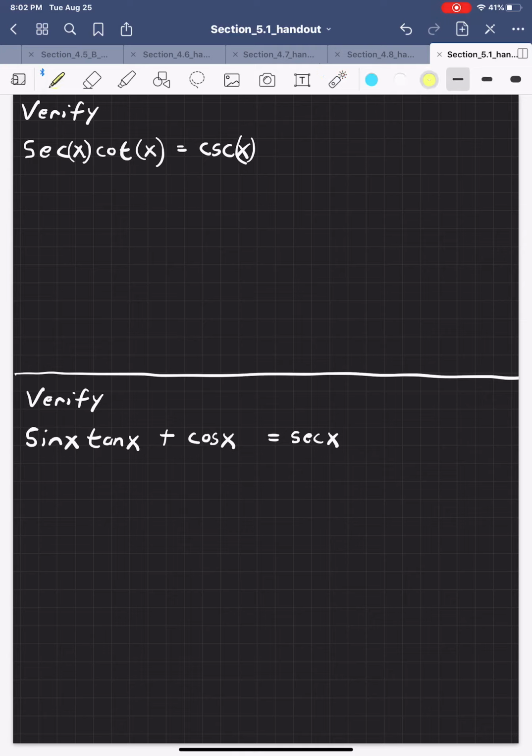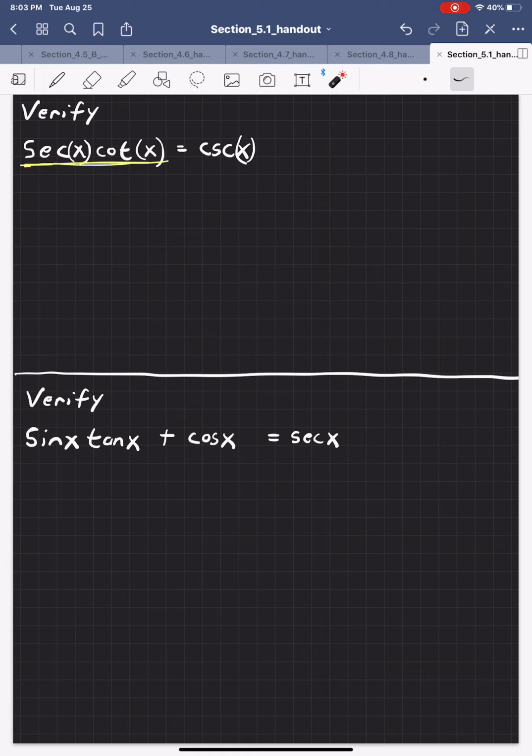In this case, that's somewhat arbitrary, but we're going to choose the left side. What I really mean is which side is busier, right? There's more going on on the left side of this equation than on the right side.